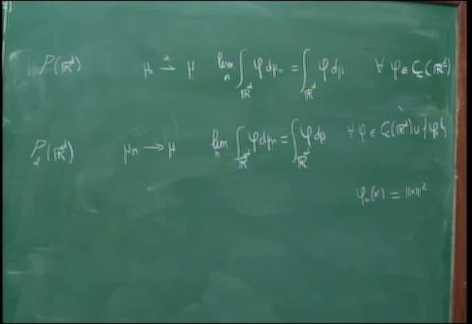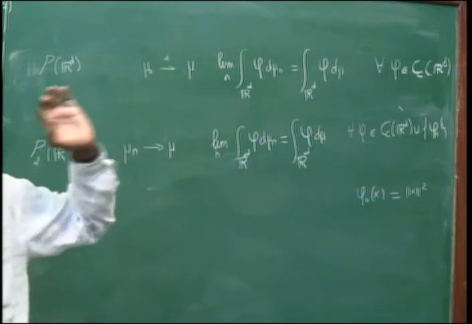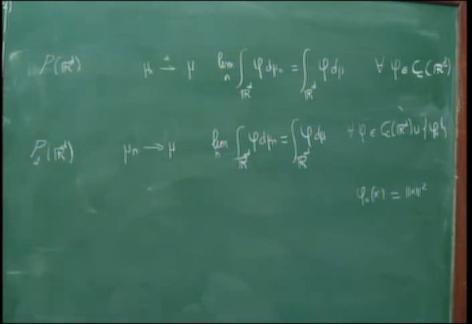So it is well known that there is no metric which corresponds to that topology. So you cannot find a metric on the set of probability measures on RD such that you have convergence in that metric if and only if you have weak star convergence.